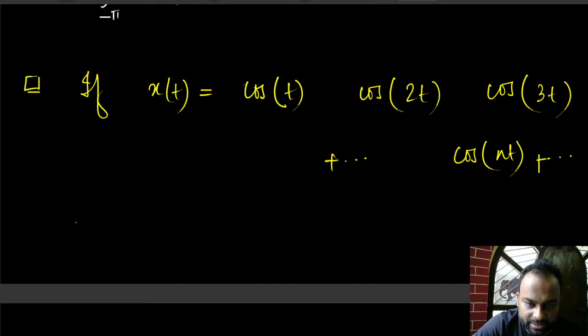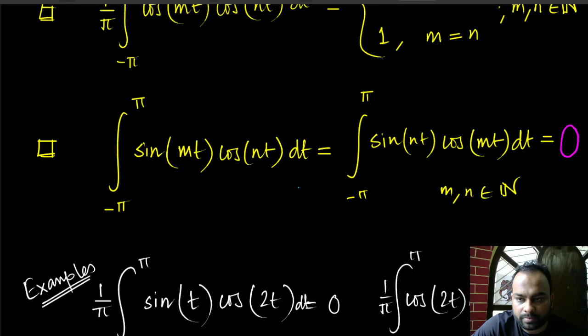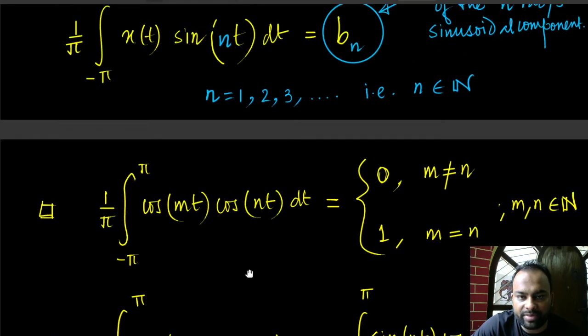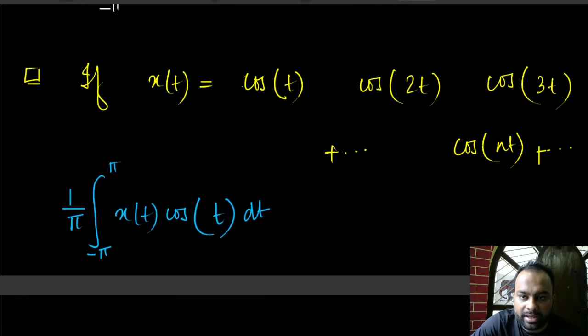I can take the signal, multiply it with cosine t, integrate it from minus pi to pi, and divide everything by pi, like this one, and I would get the coefficient of the 1 radian per second cosine component.